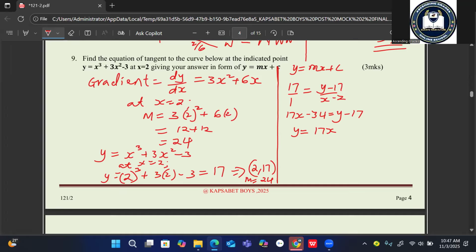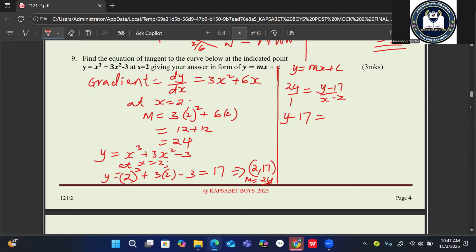So y is equal to 17x. So let's take it from there. This one means that y minus 17 is equal to, sorry, our gradient was 24. It's here.